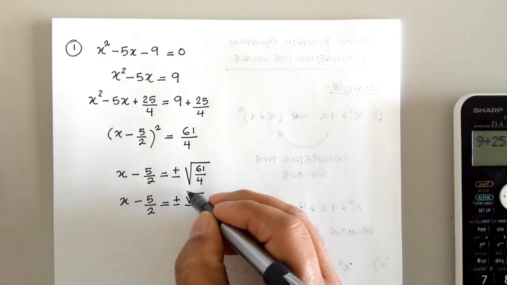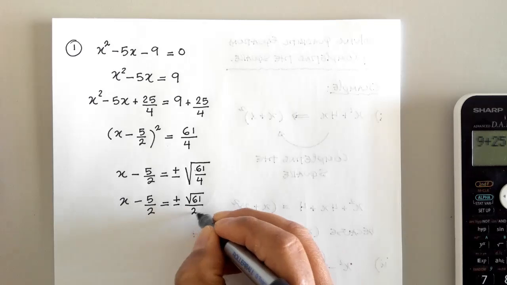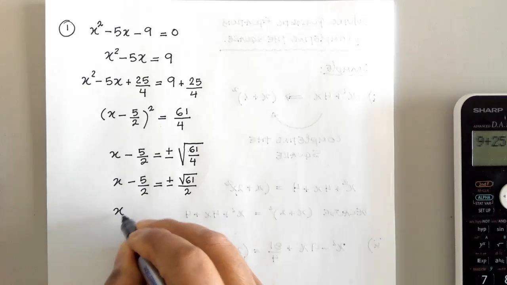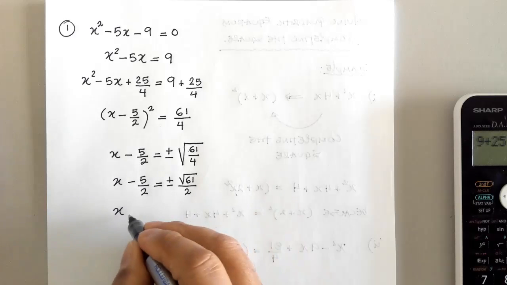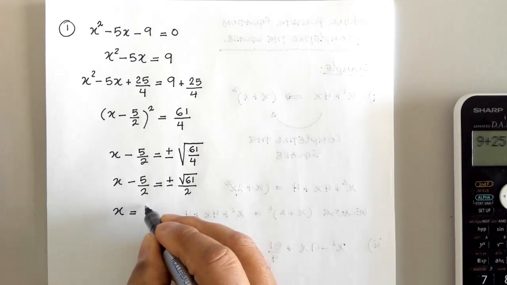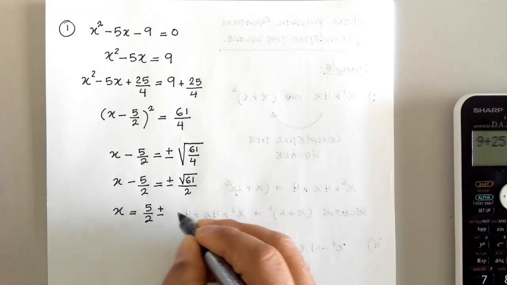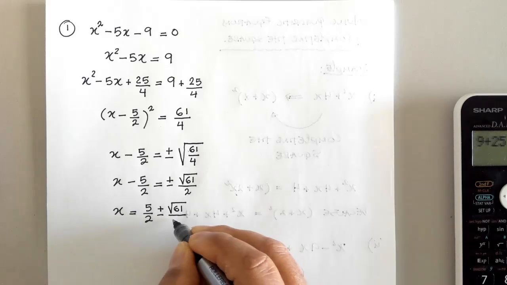The square root of 4 is equal to just 2. And then we're going to move this negative 5 over 2 to the other side, so we're going to have 5 over 2 plus or minus the square root of 61 over 2.